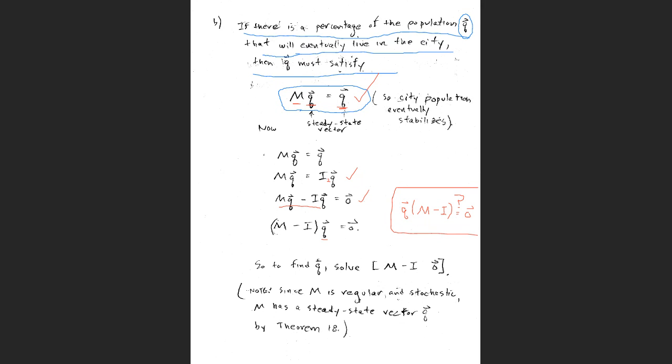Could the Q vector be factored on the left side?